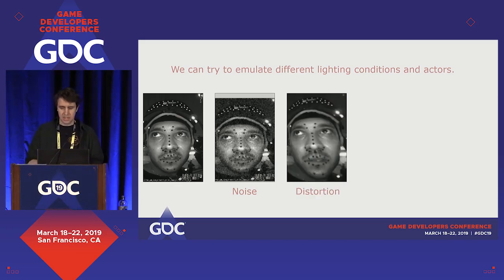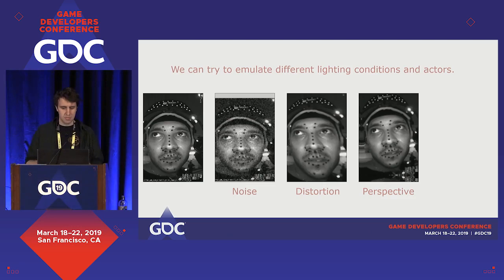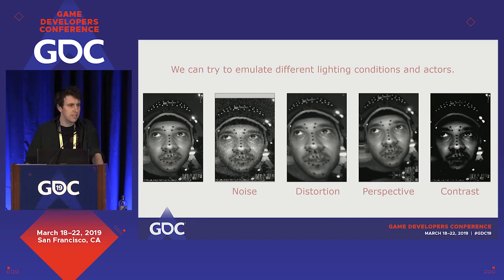We can also skew the character, so here we could try and emulate that the character's face was maybe a slightly different shape. We can also do some perspective transforms. So here we can try and pretend that the camera was placed slightly differently by the technician, oriented slightly differently. Or we can even do things like adjust the contrast. For example, here we can try and make it as if the character had darker skin.